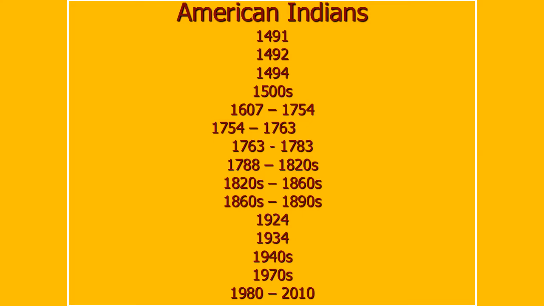1494, I like to talk about the Treaty of Tordesillas quickly, talking about how that divides the New World and does affect the American Indians. It divides the New World between the Spanish and the Portuguese, the Portuguese pretty much getting the short end of that stick, getting most of Brazil, and the rest to the Spanish. You see the growth of the mestizo during this time period.